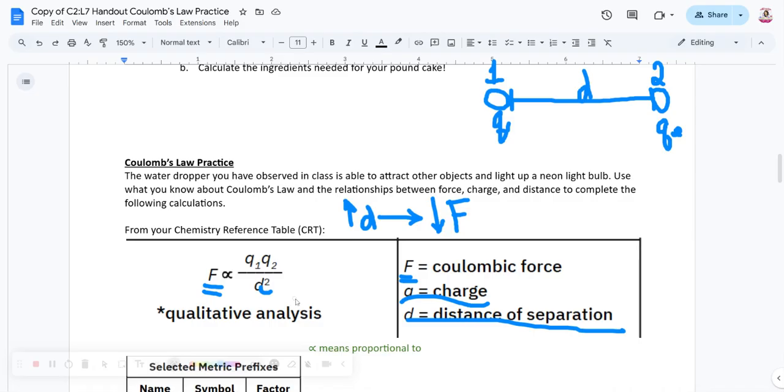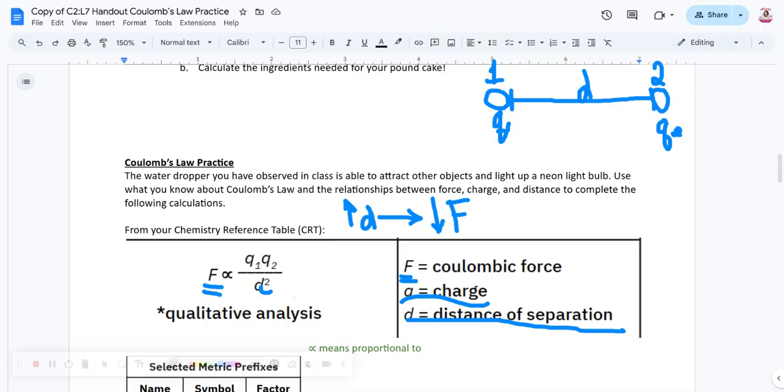You can also think about it in terms of magnets, right? Think about a fridge magnet. If I'm really close to the fridge, so my distance is really small, then my attraction between the magnet and the fridge is going to be pretty strong. It's going to want to stick, right? But if I take that magnet and I go all the way down the street, I walk out the door, go down the block, maybe another block, my distance is really big.